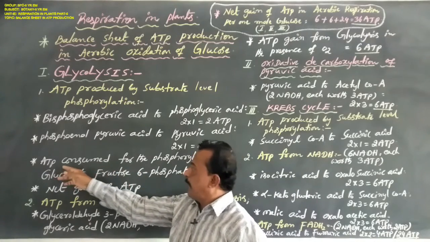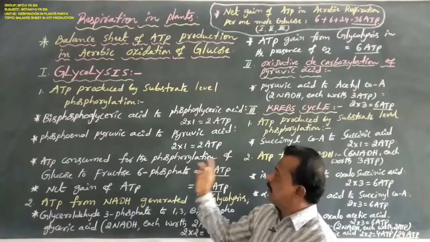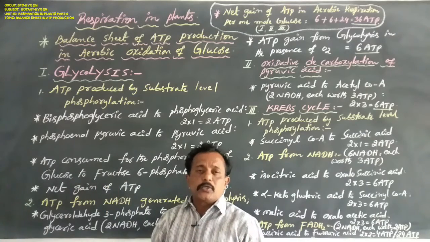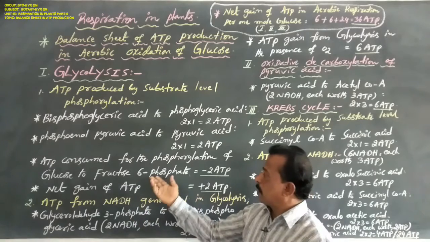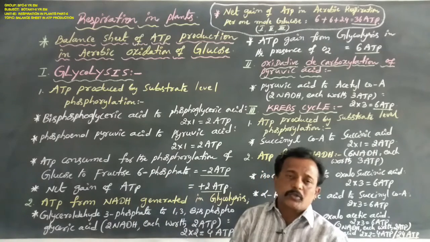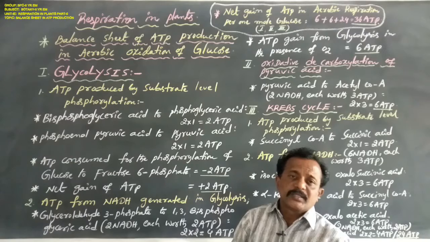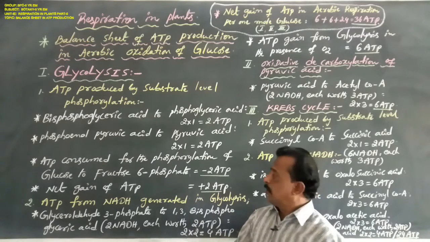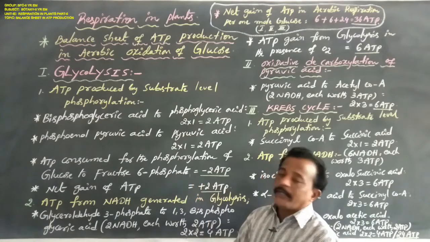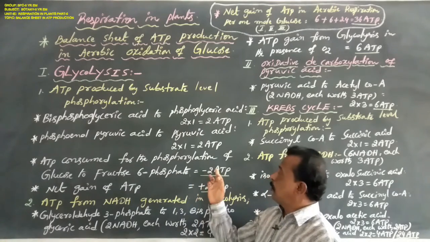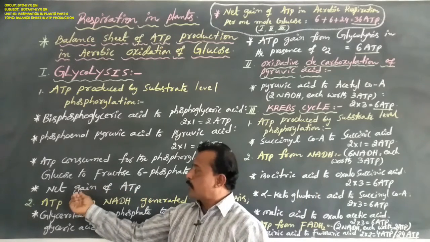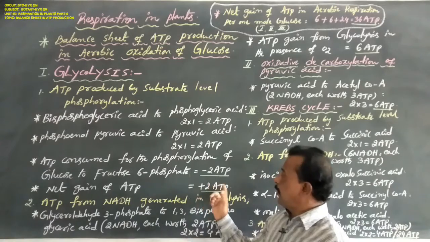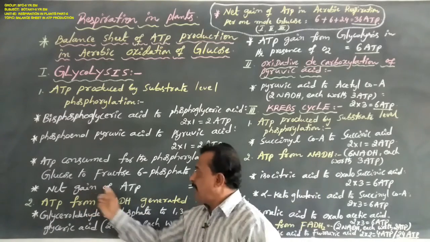Next, ATP is consumed for the phosphorylation of glucose to glucose 6-phosphate and fructose 6-phosphate to fructose 1,6-bisphosphate, consuming 2 ATP molecules. So what is the net gain of ATP molecules?